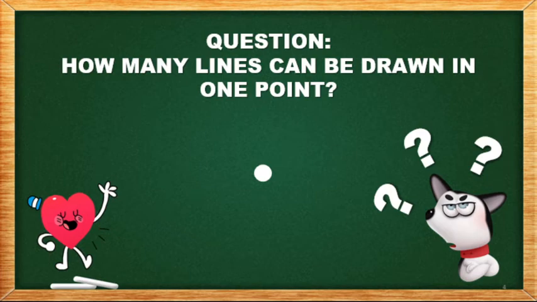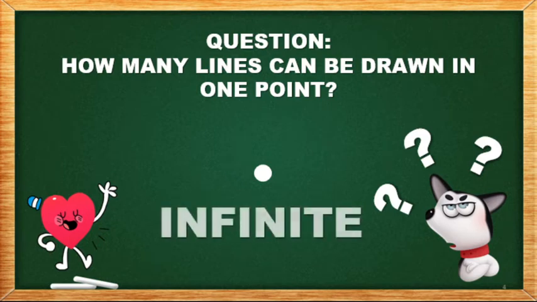Yung mismong bilog na yon, yun yung point. Tapos yung mga tinik niya, let's say represented by a line. So ilan kaya yung mga tinik ng sea urchin na yun? Madami. So therefore, ang pwedeng lines na pwedeng madraw natin dyan sa point is infinite. Kasi the intersection of those infinite numbers of line is a point kapag pinag-connect natin sila.